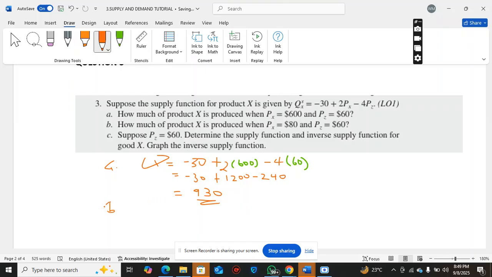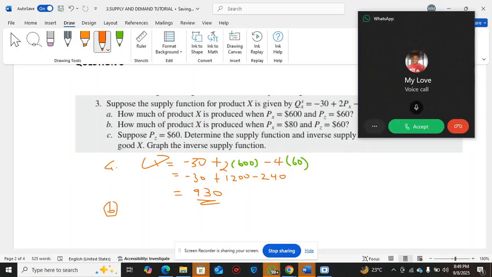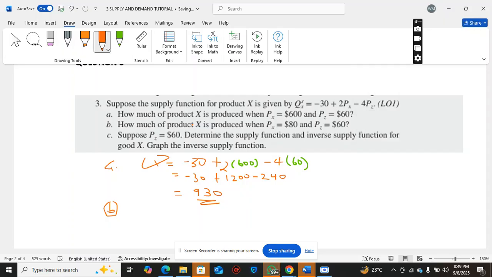In part B, how much of product X is produced when Px equals 80 and Pz equals 60?